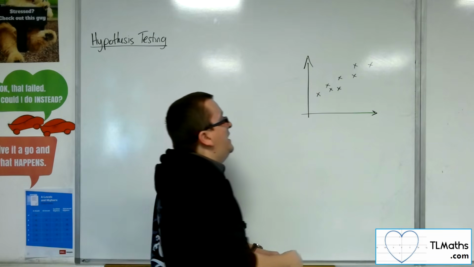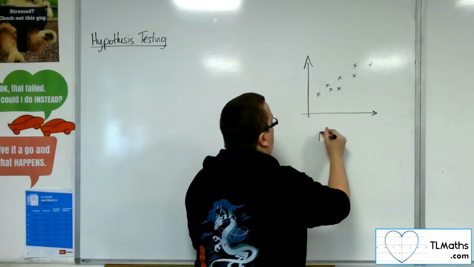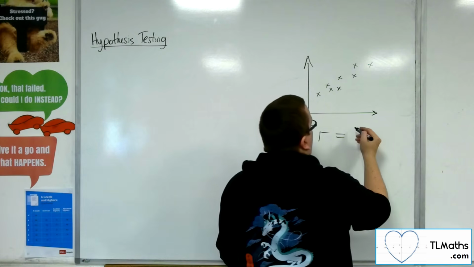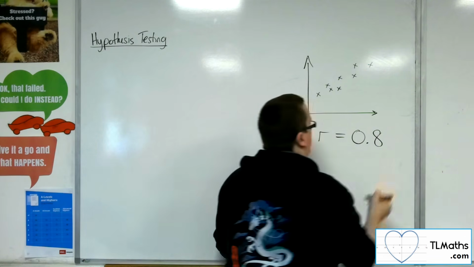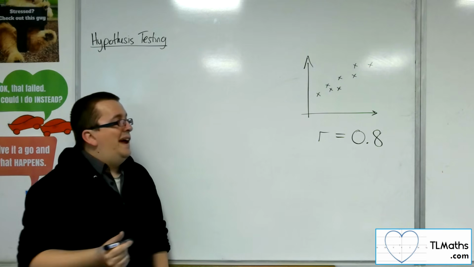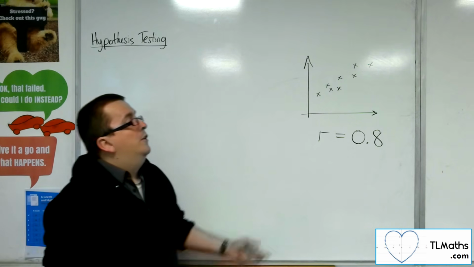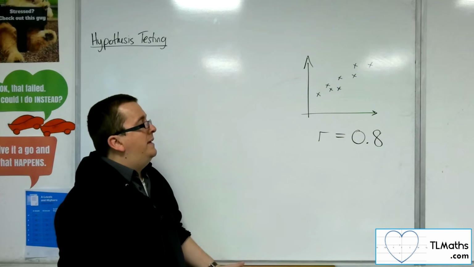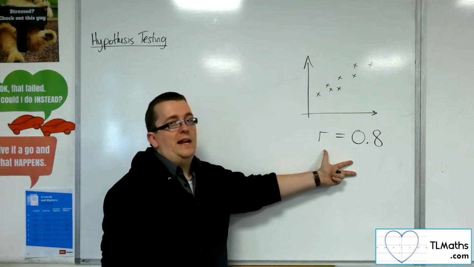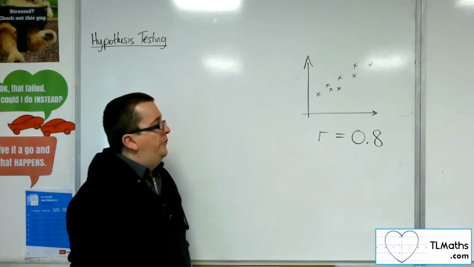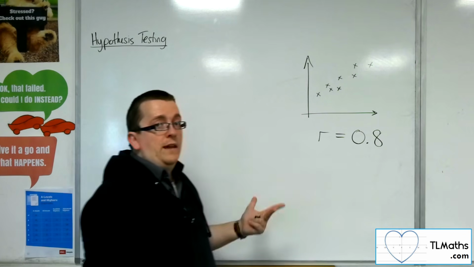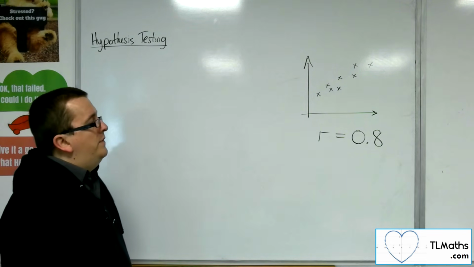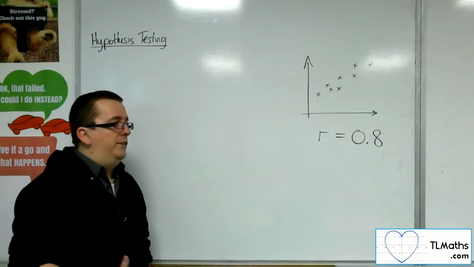Well, the first thing you would need to have is a value of R, which perhaps for this is, I don't know, 0.8. Remember, for this course, you are not expected to calculate the value of R. The value of R would be given to you.